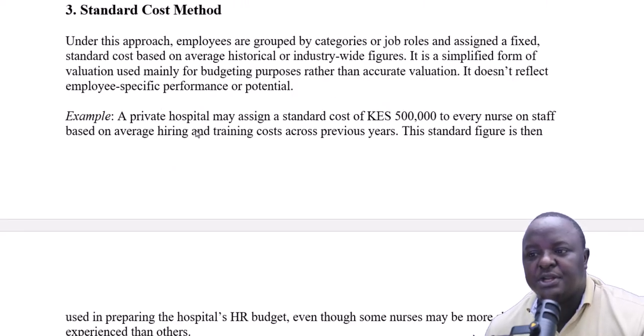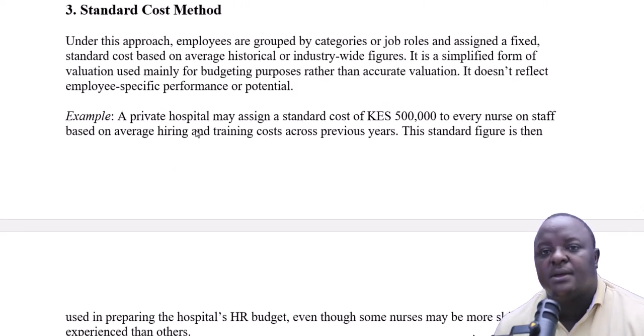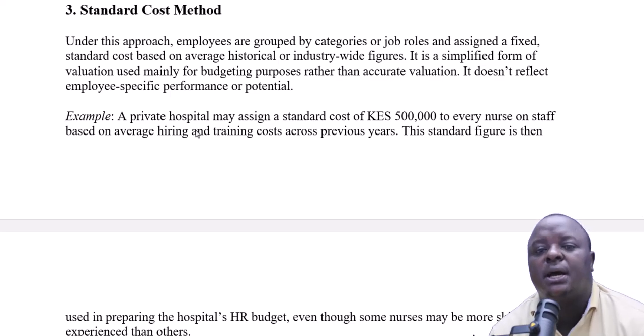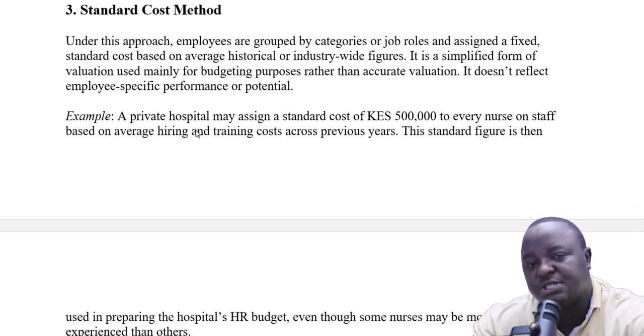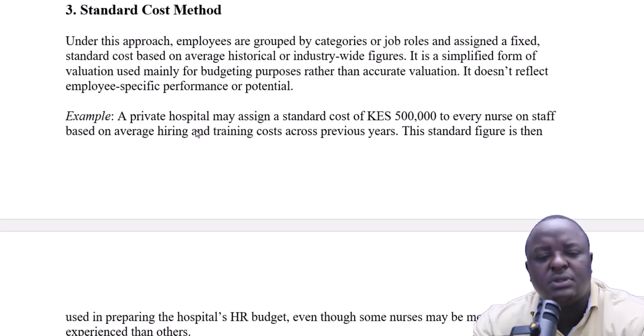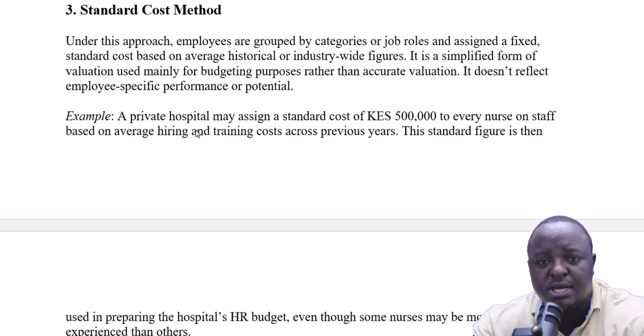The third method is the standard costing method. Here you find that we group different jobs within specific categories, and then we allocate a specific cost within that group. For example, if we are talking about employing sales officers within an organization, we can say the cost of employing one sales officer is 50,000.